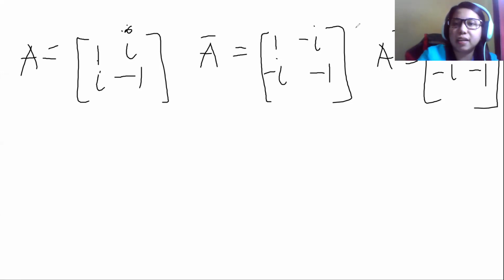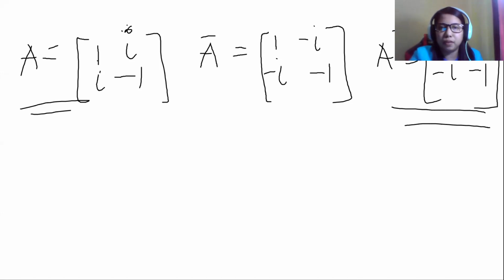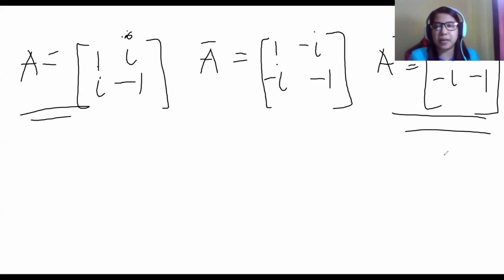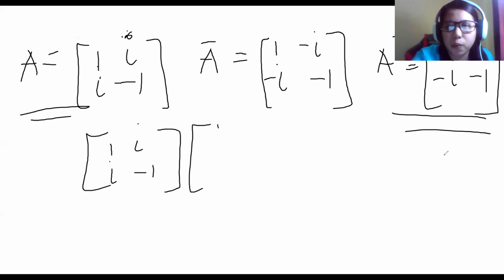So multiply this value to our A because it represents our A raised to H. Okay, let's do the multiplication. 1, i, negative 1 multiplied by 1, negative i, negative 1.